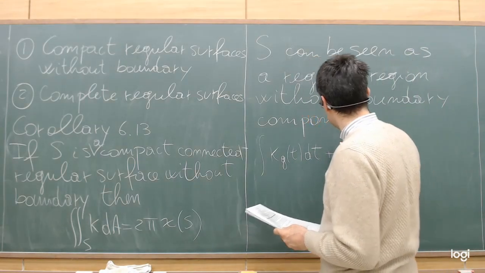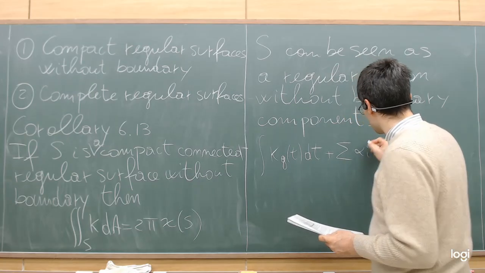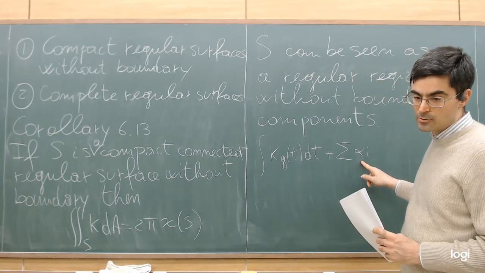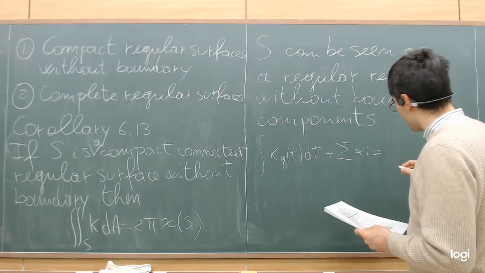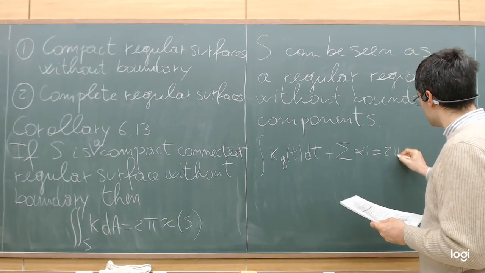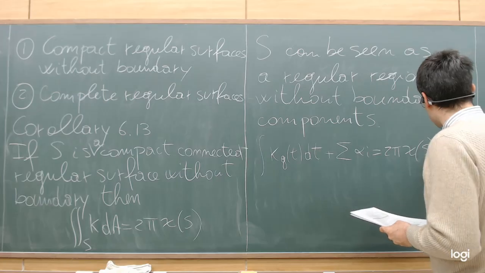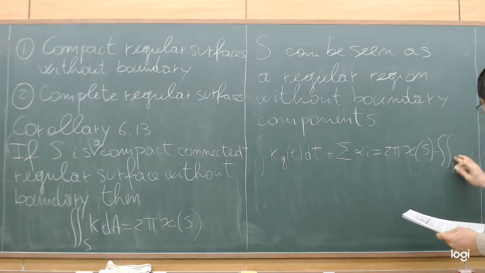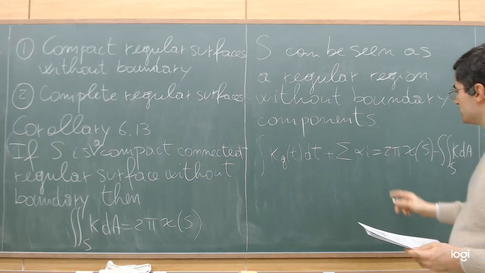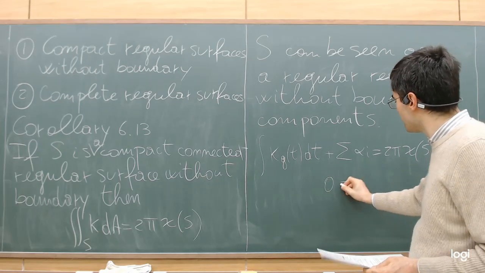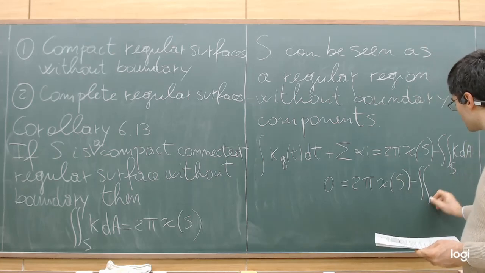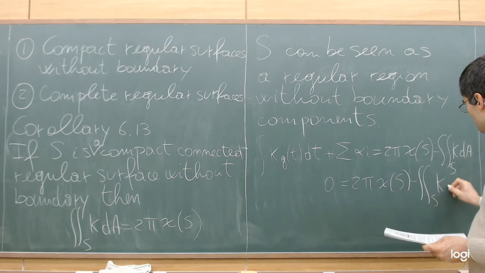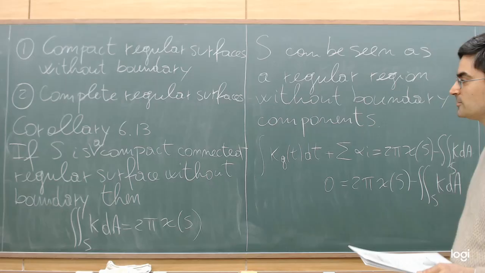The sum of the angles is 0 because there is no boundary. Then we get that 0 is equal to 2 pi chi of S minus the integral of the Gauss curvature over S, which is exactly what we wrote here.